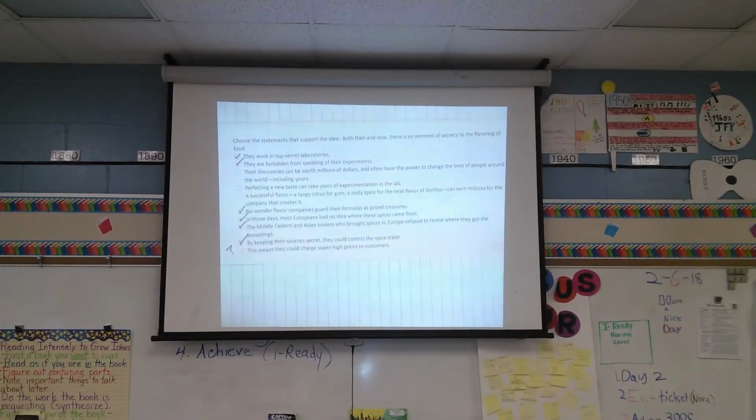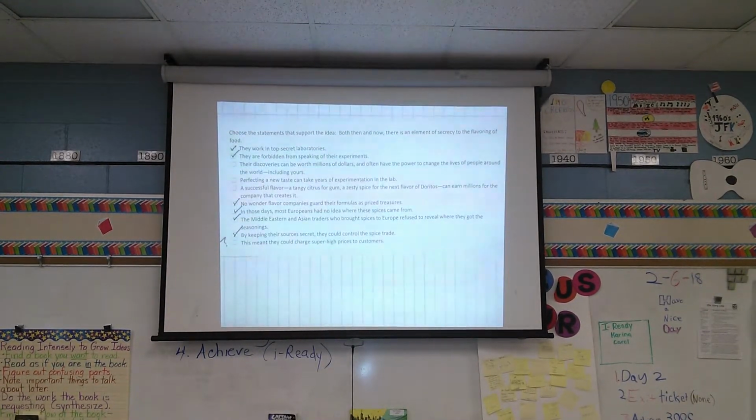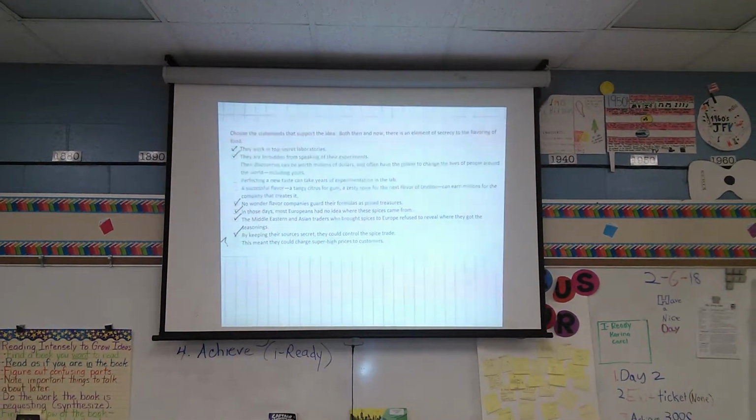Okay, so what we did basically today was we tested the details or supports for our main ideas. We thought about them. Do they really prove it? So today when you go back to your seats, before you begin writing your body paragraphs for your hamburgers and tacos, I want you to take a look at the support that you have chosen on your planning sheet.